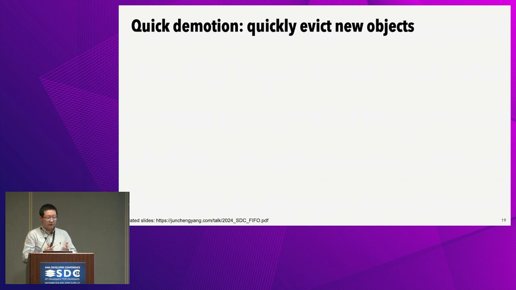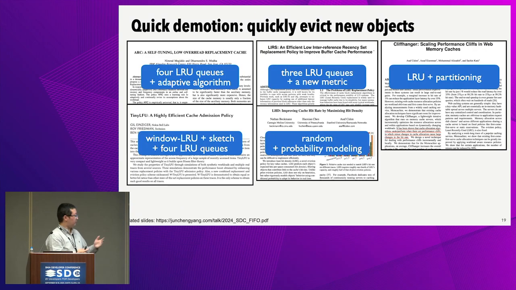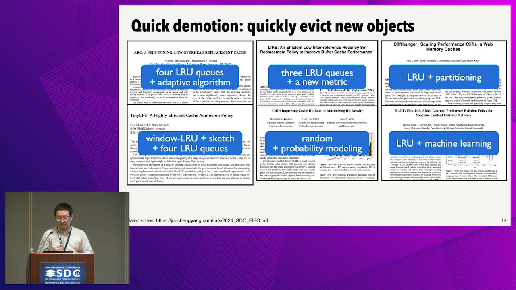If you look at the existing state-of-the-art eviction algorithms, they share one common thing. Different state-of-the-art algorithms have been proposed and designed in the past 2 decades. Many of them are very complex, using multiple queues, complex metrics, or even sometimes machine learning to help with eviction.